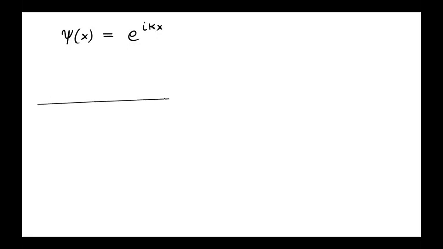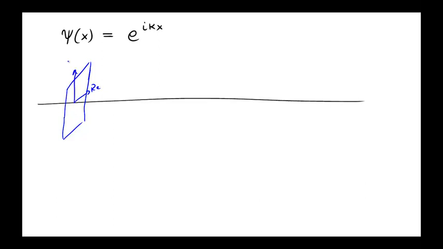It looks like this. Here's the real line, and now I'm again looking at a cross section at this point. This is the complex plane, that's the imaginary axis, and so our amplitude psi of x at this point is a point in this plane, and since psi of x is of the form e to the i kx, it lies somewhere on the unit circle, and maybe it's at this point.